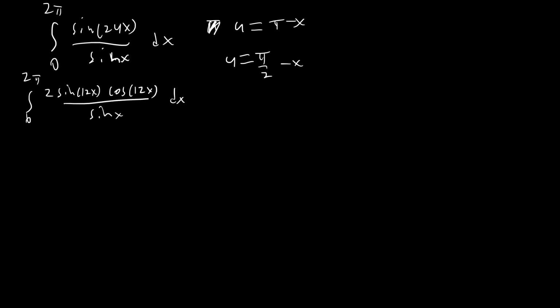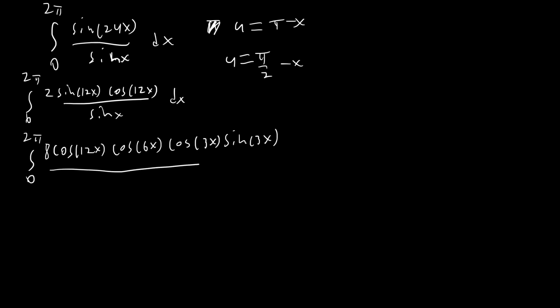And once we apply that a few more times, we're going to get the integral from 0 to 2 pi of, let's put the cosines in front, cosine 12x cosine 6x cosine 3x sine 3x, and then it's going to be 2, 2, 2, so 8, and all over sine of x dx. Now this one we need to expand as 4 sine of x minus 3 sine cubed of x, I think. I believe that's how it expands.